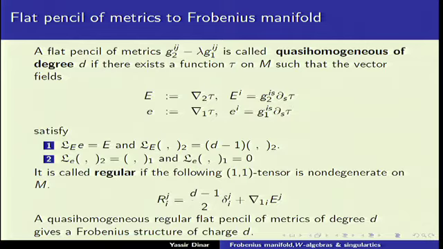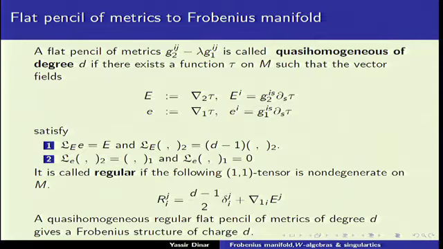And the Lie derivative with respect to the identity vector field gives you the first metric, and for the first metric it gives you 0. So quasi-homogeneity is a necessary condition for a Frobenius manifold. It's not a sufficient condition.